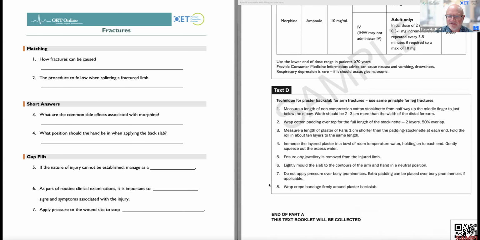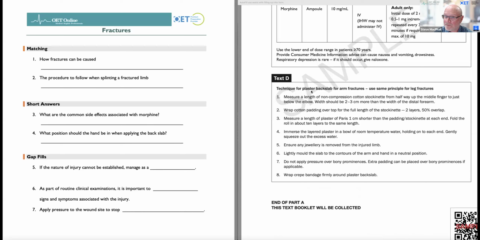And then I come down to text D. Technique for plaster back slab. Always read the headings. For arm fractures, oh, it's a technique. Use same principle. So again, I'm going to do a little bit like text B. I am going to look at my verbs: measure a length, wrap cotton padding, measure a length of plaster, immerse in a bowl of water, ensure jewelry removed, mold the slab, do not apply pressure, wrap crepe bandage.